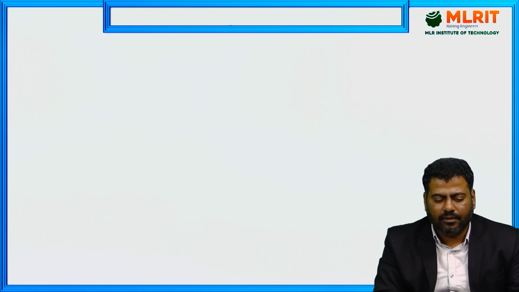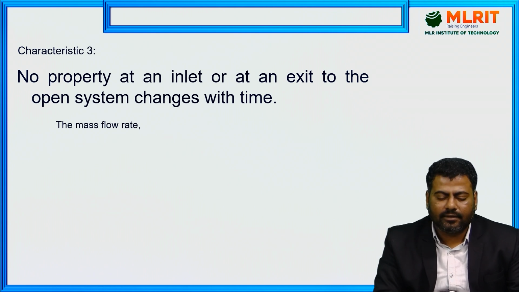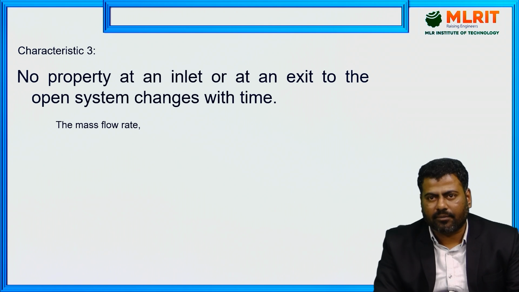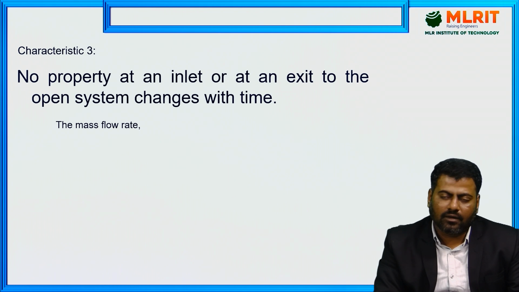The next characteristic is that no property at an inlet or at an exit to the open system changes with time. The first characteristic we discussed with respect to the total system, along with the inlet and outlet, considering everything as a system.